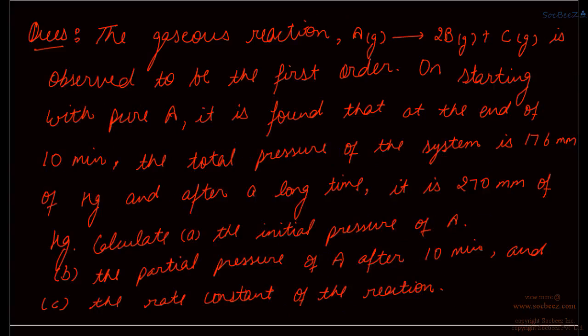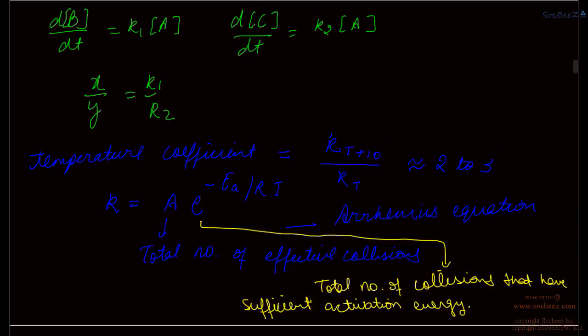Okay, so to understand this equation, we need to go to the theory of collision of molecules to complete any particular reaction. We call it the collision theory of any reaction.